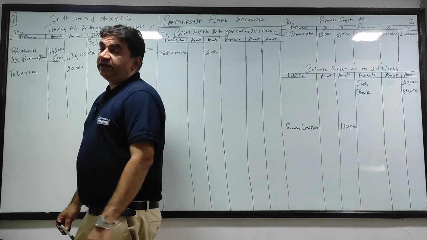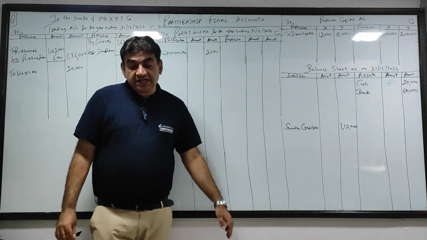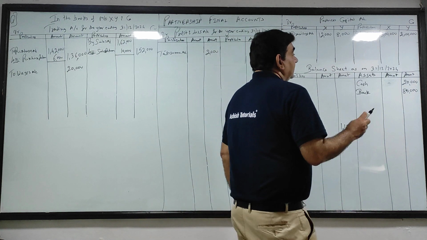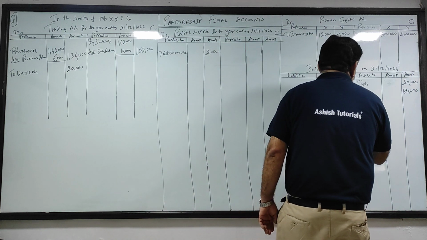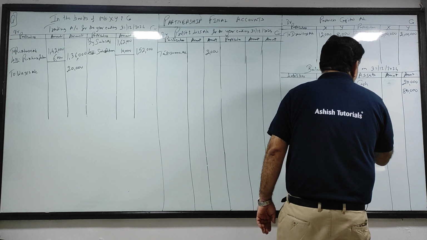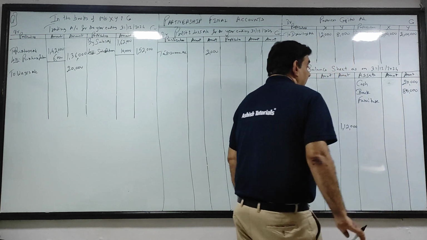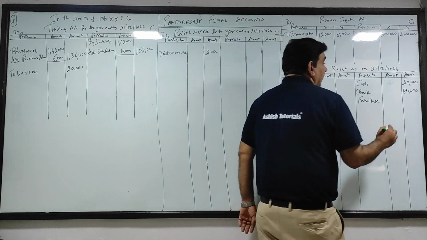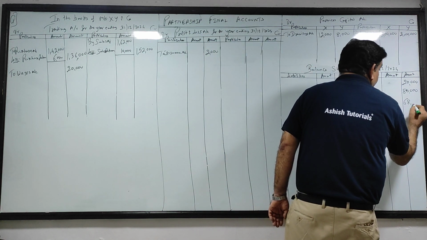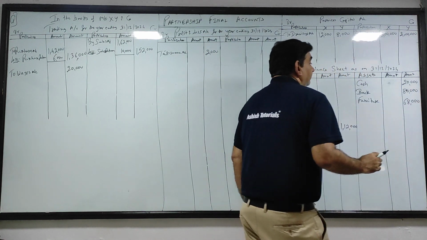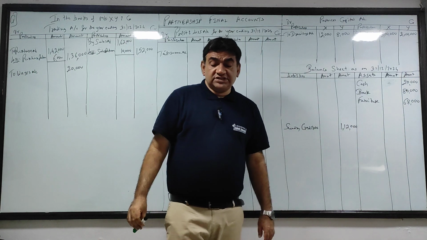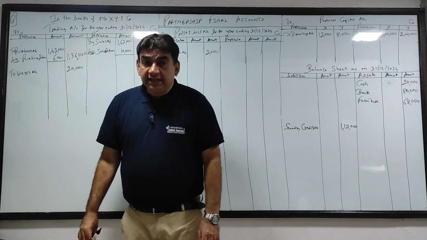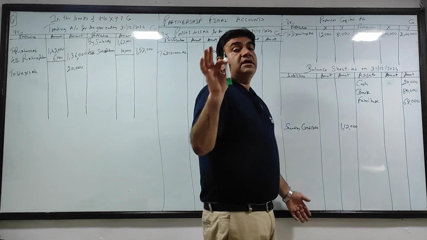Furniture, we know very well. Furniture is our property, our belonging, owned by us. Therefore, it is an asset. So come to the asset side, right there. Furniture 68,000. It is our property, therefore asset. No adjustment, straight away outside. Building, again.